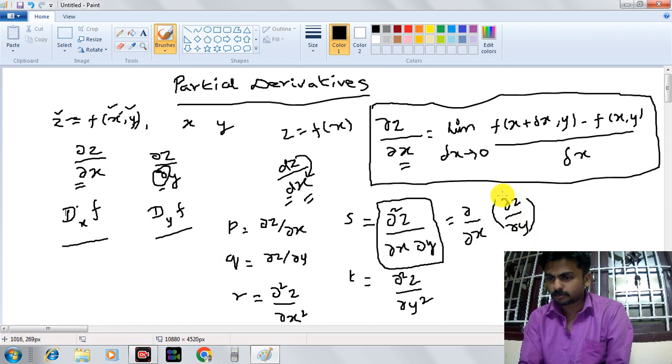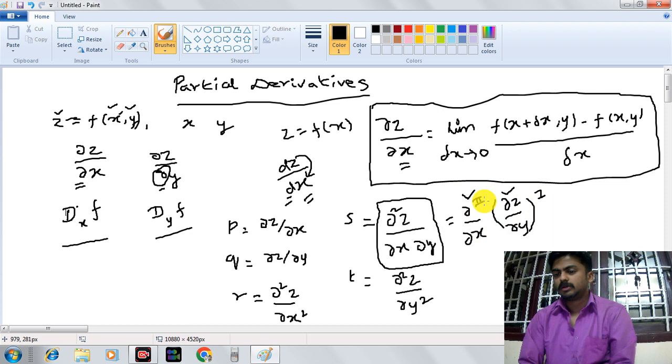So first we are differentiating z with respect to y, and after that we are differentiating the result with respect to x. So this is the first step, and this is the second step. First we differentiate with respect to y, and again with respect to x.